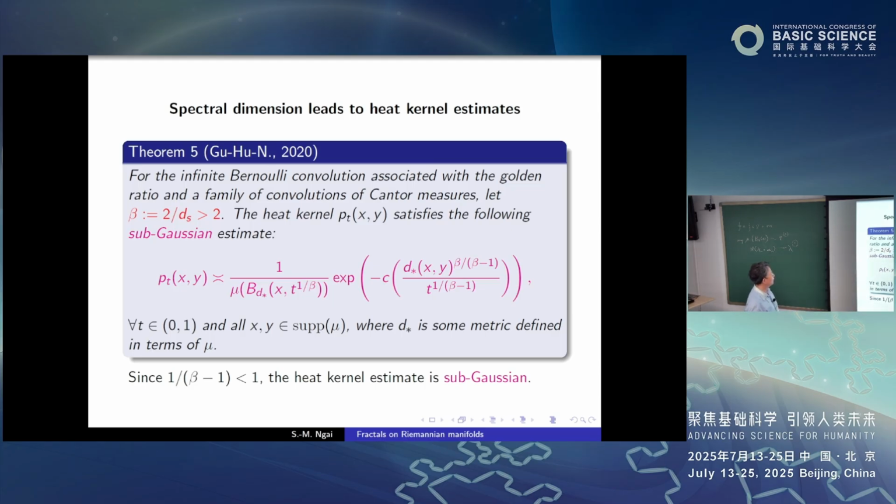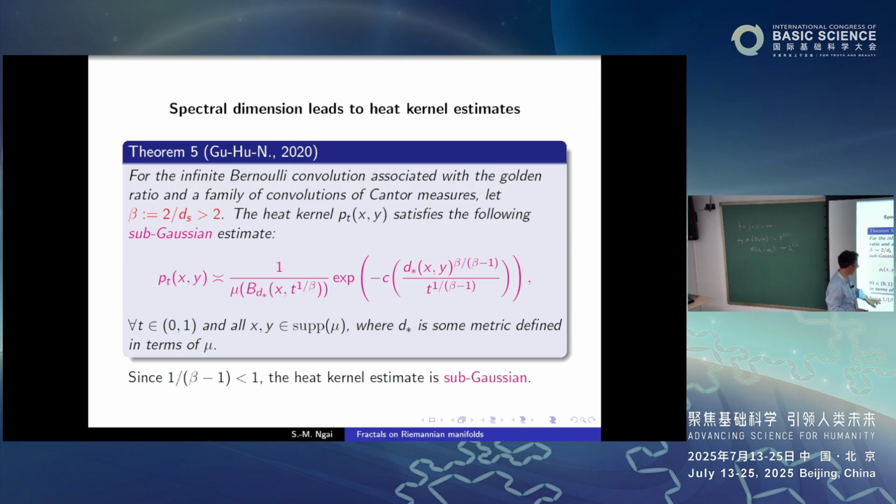So using the spectral dimension and properties of the measure that we know, we're able to get two-sided heat kernel estimates for the Laplacian, and it turns out, as is common for fractals, the heat kernel estimate is sub-Gaussian.